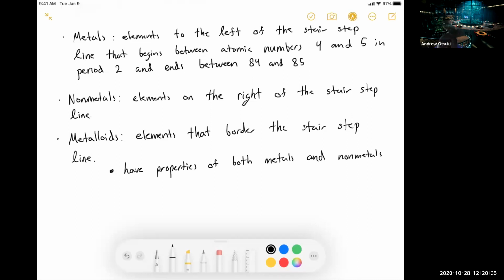And the elements that are considered metalloids are boron, silicon, germanium, arsenic, antimony, and tellurium. So actually, polonium is not one of them. I apologize. It's not one of the metalloids. It's probably most likely a non-metal.